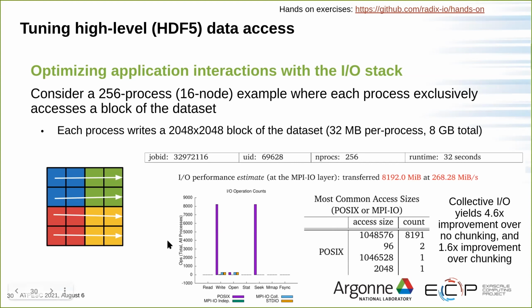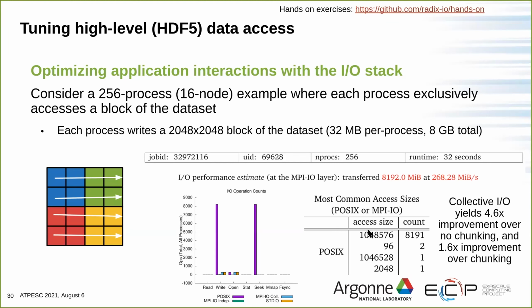What's a little interesting about it is that in this case, there are 8,000 of the common access sizes issued here. Maybe it's not intuitive that more write operations in this case actually give you better performance than the previous chunking case where everyone writes everything in one go. This is just the magic of the MPI-IO collective algorithm.